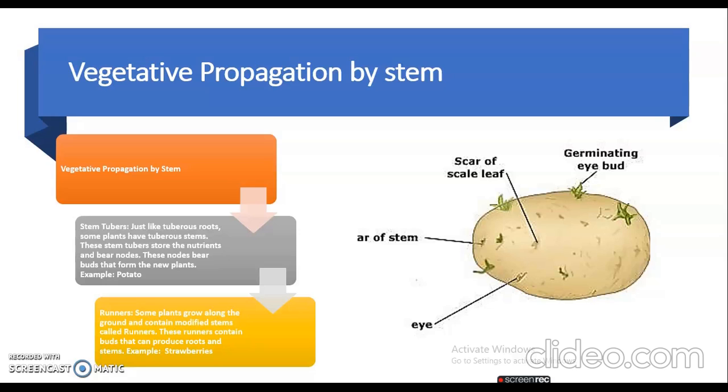Runners. Some plants grow along the ground and contain modified stems called runners. These runners contain buds that can produce roots and stems. Example, strawberry. When you see the strawberry, it has a greenish kind of thing on the top. I think these are runners and they may contain buds.